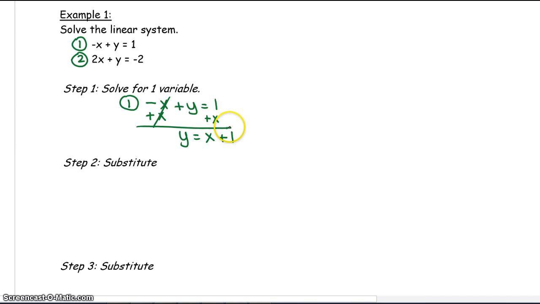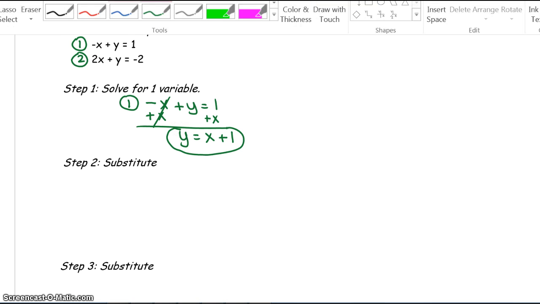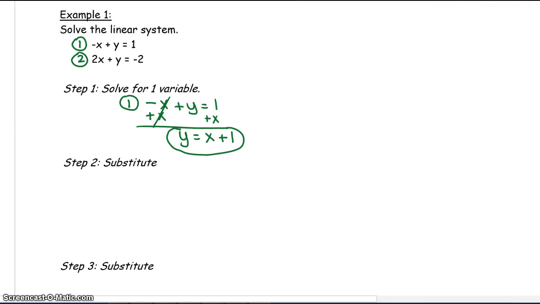Alright, so now that we've taken the first equation and solved it for the variable y, we're going to go ahead and input into the second equation. So here's our second equation, 2x plus, and instead of y, we're going to replace y with x plus 1 equals negative 2. So basically we took this and we replaced it with x plus 1.